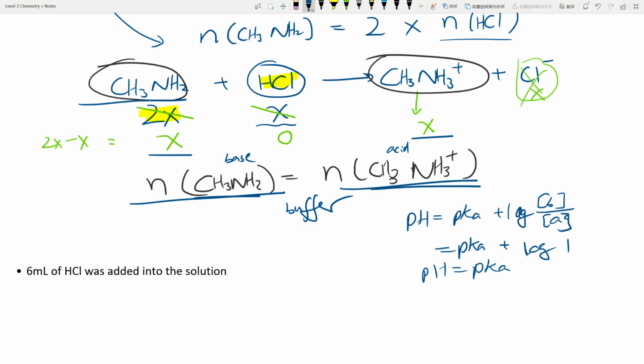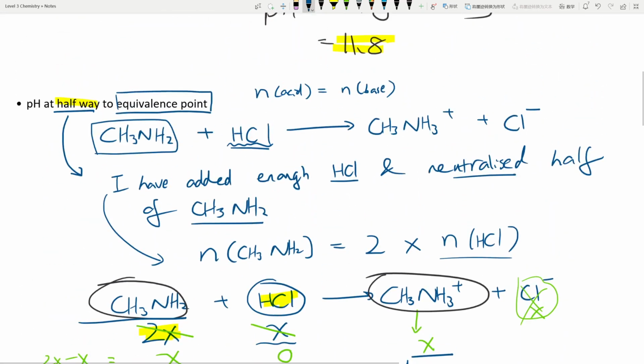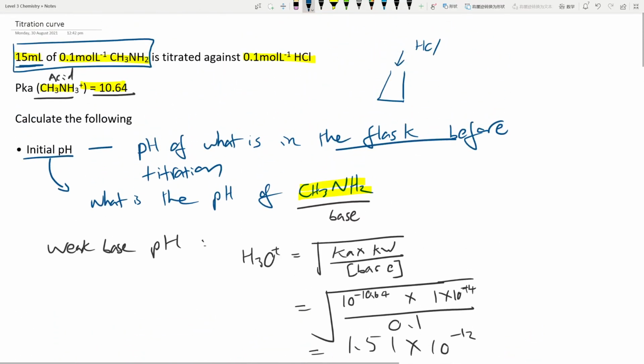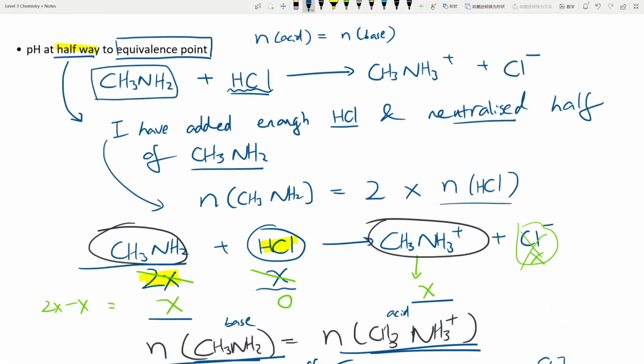So no calculation is required. Where's our pKa again? pKa was 10.64. So the pH at halfway to the equivalence point is where pH equals pKa, which equals 10.64. There's no calculation involved. You do not need to do it, but you do need to understand what has happened.